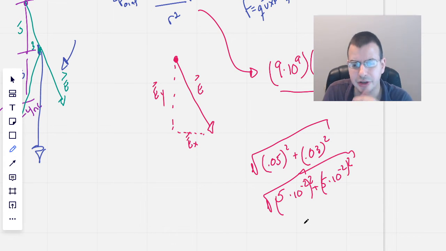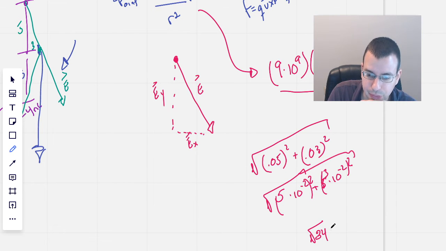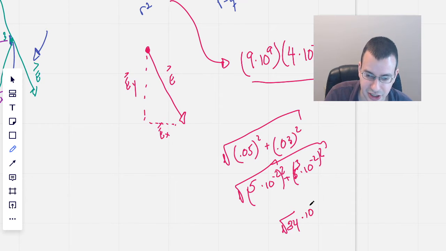I'm terrible at this. That's supposed to be a 3. So 5 squared is 25, 3 squared is 9. So what we're going to end up with is square root of 34 centimeters, and that's going to be times 10 to the negative second.